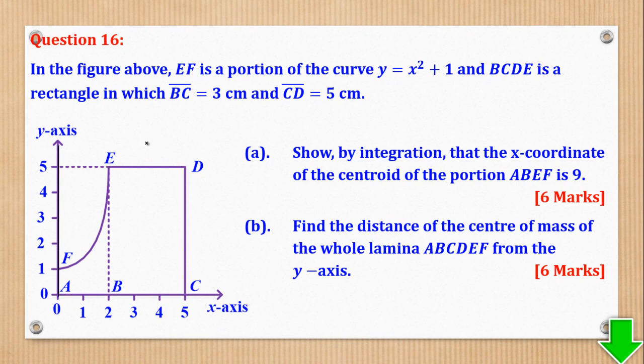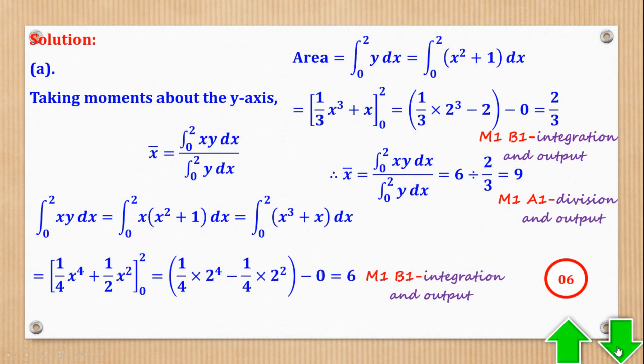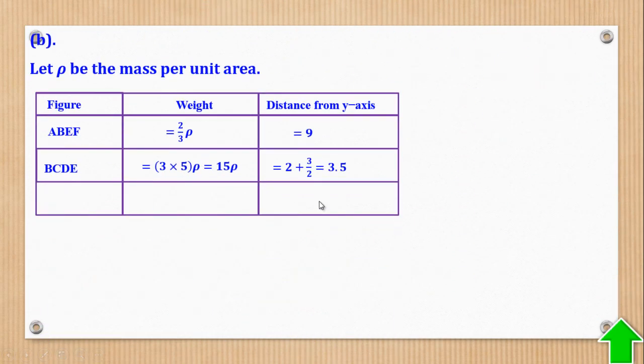If this is the center of gravity, the center is at these lines of symmetry. From here to here is 2 units. Then from here to here is half of this. Remember, this is 3 centimeters, so divide by 2 to get 3/2. That is why we wrote 2 plus 3/2. So that's where this came from.